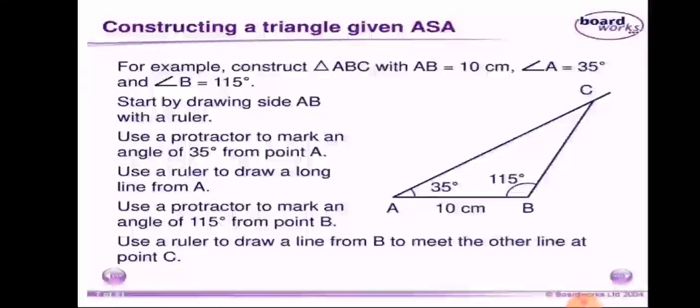Now using a protractor, draw the angle of 35 degrees at the point A and the angle of 115 degrees at the point B. Whenever you draw these two angles, the lines of these two angles will meet at a point. Just name it C. This way your triangle ABC is ready.